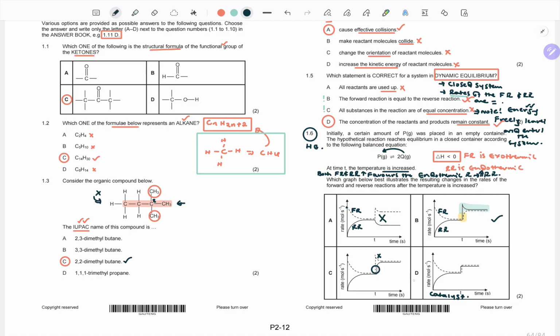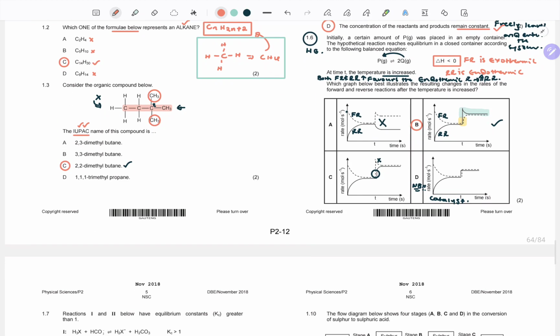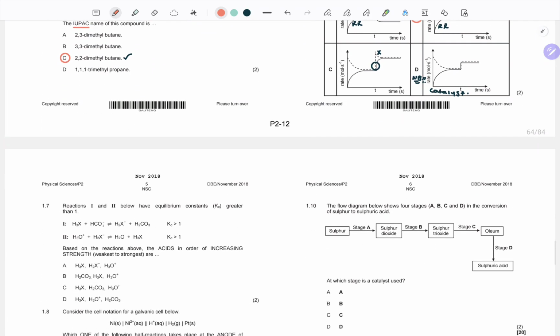Please note D, because a question can be asked that draw this when a catalyst is added. Please know these things. So this is certainly a good question. Of course, B is the best here. Please understand these kinds of questions. You need to understand more. A bit of synthesis is very necessary in answering adequately.